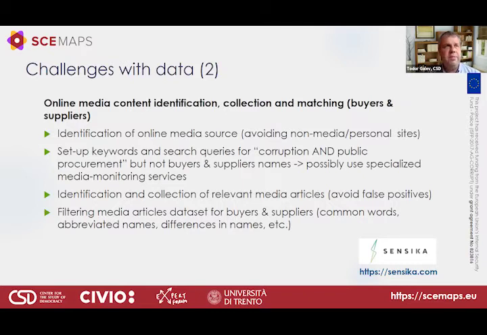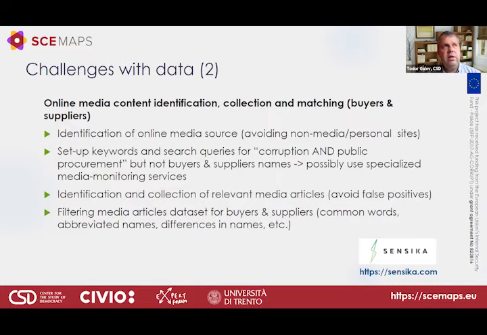So we look for news articles, some investigative journalistic articles that show that there are some suspicious cases maybe related to state capture and corruption in using public funds through public procurement. And we try to link these articles to the list of companies and contracting authorities.